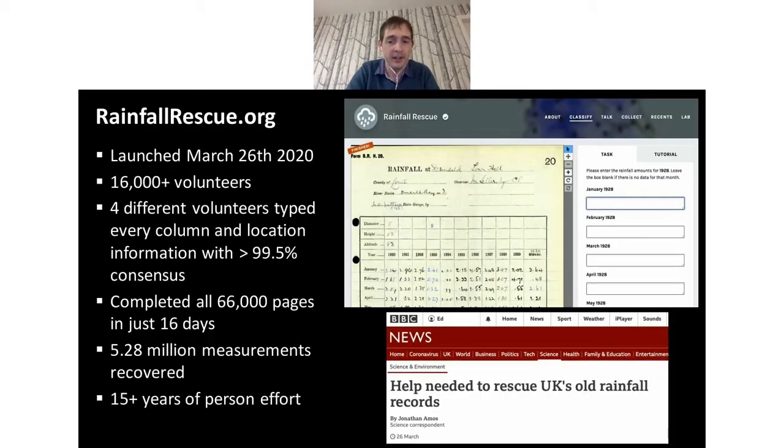And the timing of this particular project was rather fortuitous, I would say. So we launched a project called Rainfall Rescue last March the 26th, which was a couple of days after everyone went into COVID lockdown in the UK. And so a lot of people were at home. Many people were unable to work and with spare time.